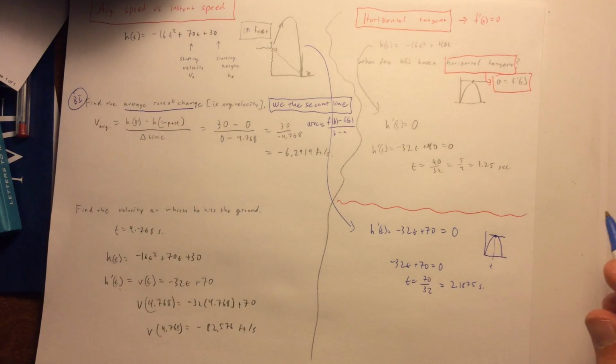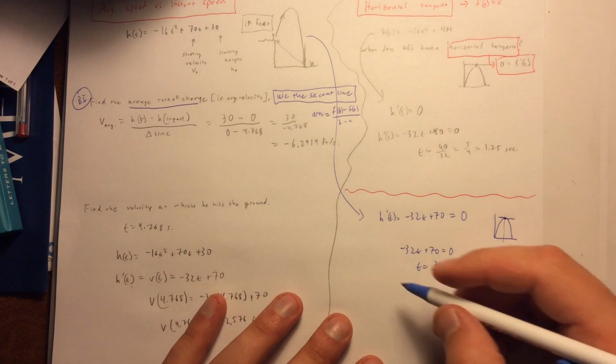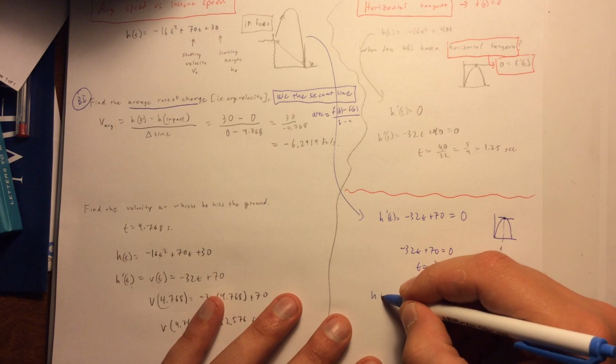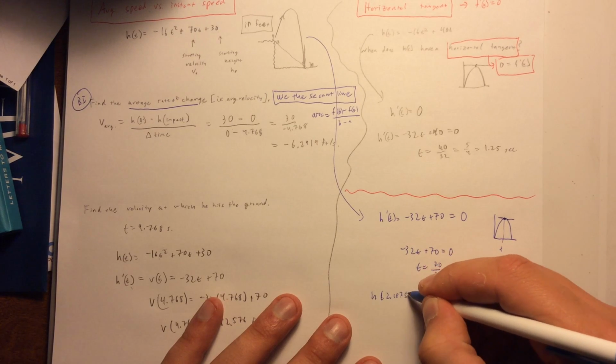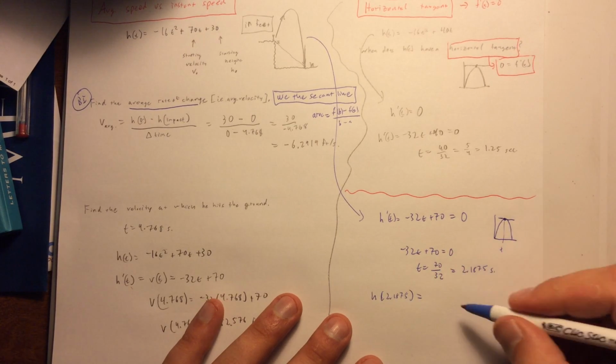So now, let's figure out how high he went. H of 2.1875. Just plug it in.